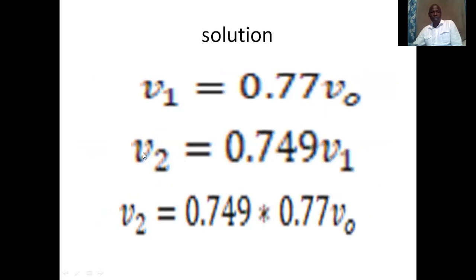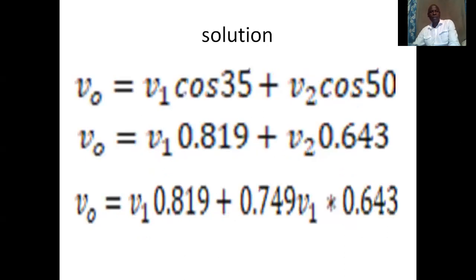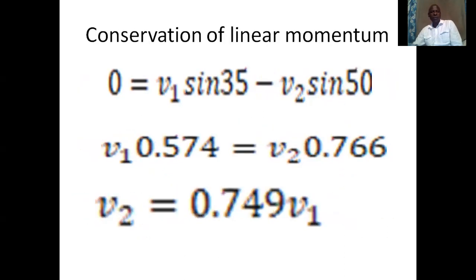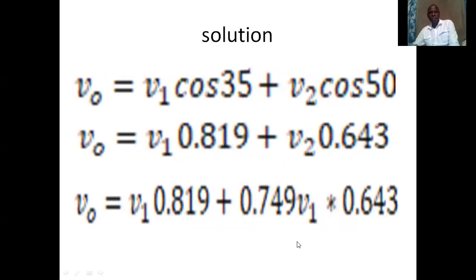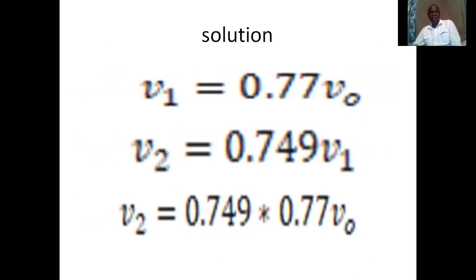So if we are to find the value of velocity 2, since we found already the velocity 2 here, we can substitute where there is velocity 1 here the value which we found here. We said the velocity number 1 is equal to 0.77 V0.